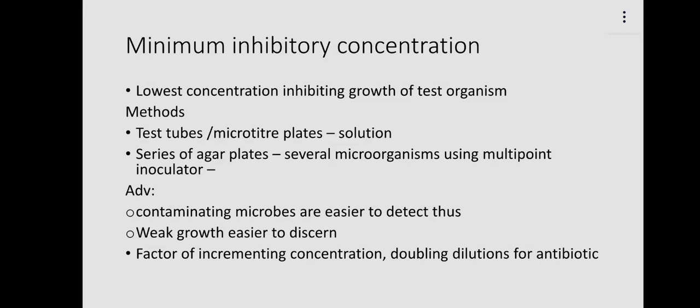So the controls which are needed are intended to show viability. So this is just to confirm that the microorganisms being used for testing are actually viable, so that you don't report that the drug was effective, yet the organisms that were used are actually not viable from the beginning.